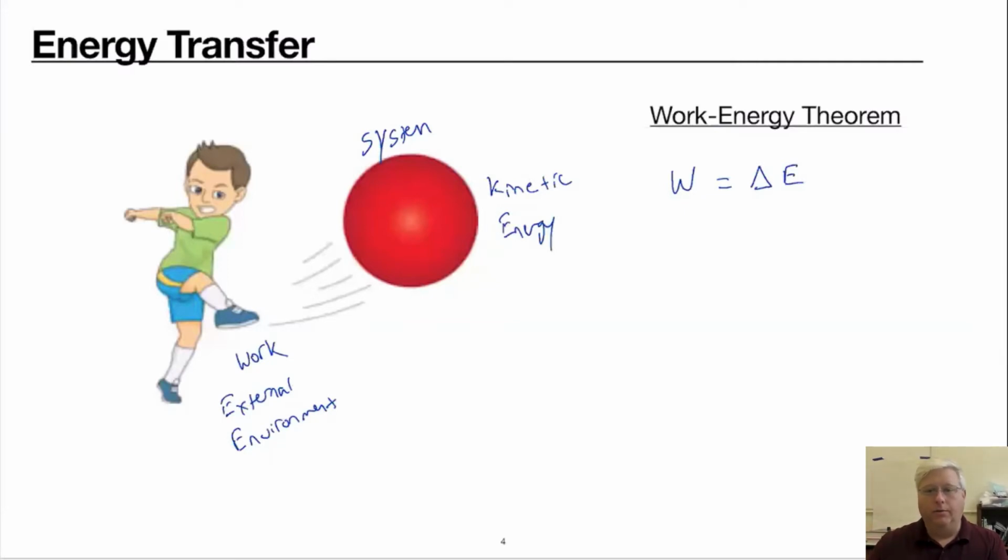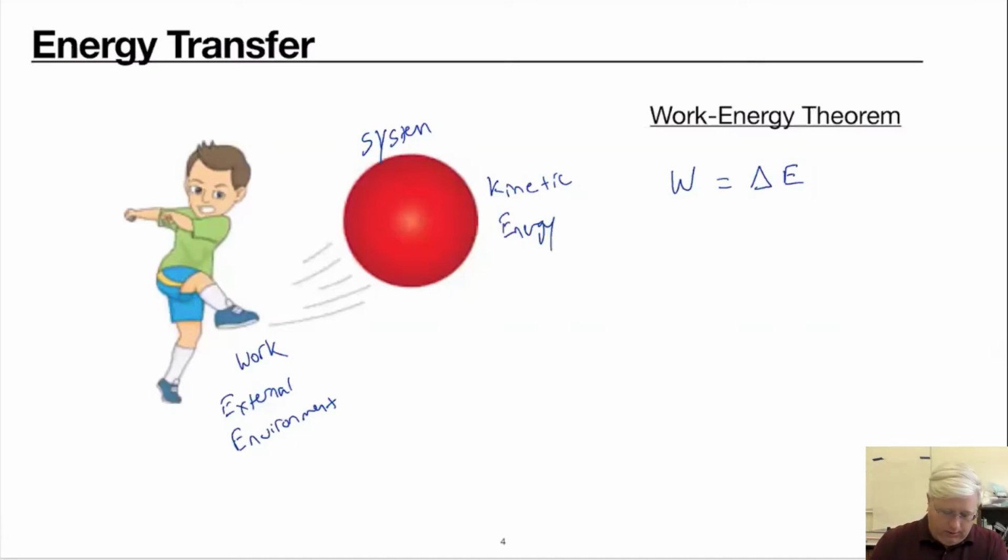The object is moving as a result of this work done, and so we call that kinetic energy. The energy gain is due to the fact that the force was applied over a certain distance.